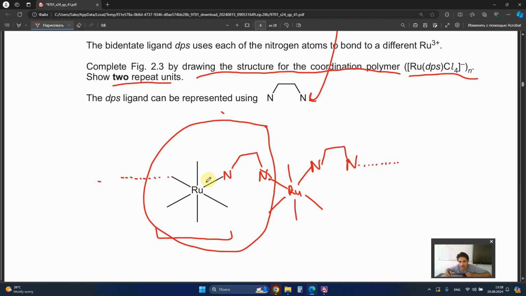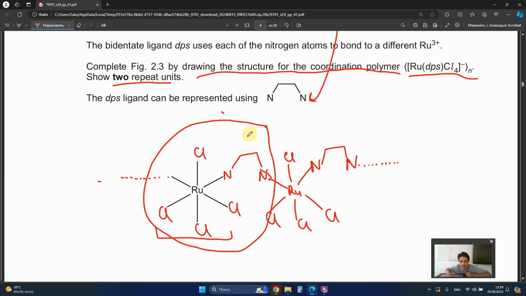And then assign the rest of the ligands, which are 4 chlorine ligands. Here they are. And now you see this aligns with the formula given. And the complex ion itself is a negative ion, so I don't know whether you need to show it or not.